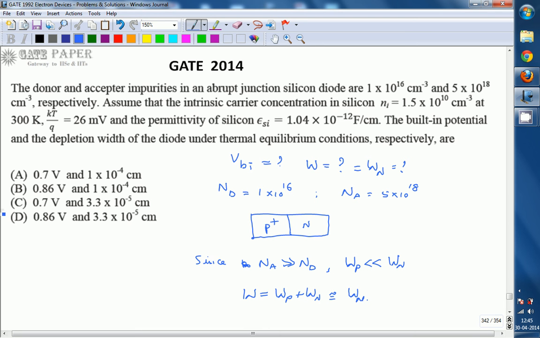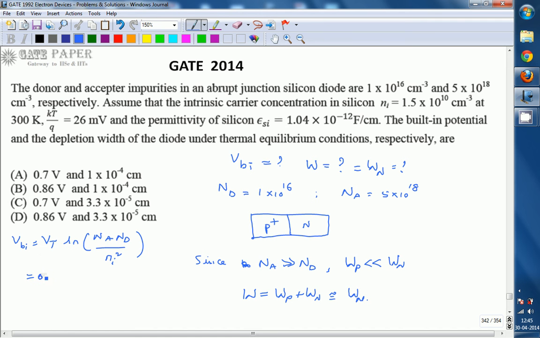We know that the equation for the built-in potential VBI is equal to Vt natural logarithm of Na Nd by Ni square. This is the equation for built-in potential VBI or V0. Vt is nothing but kT by q, whose value is 26 millivolts.